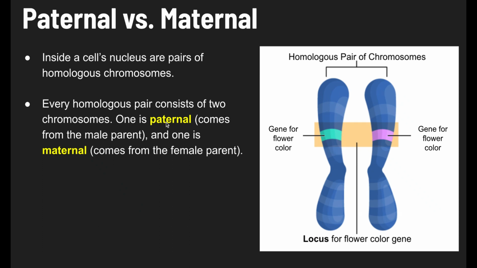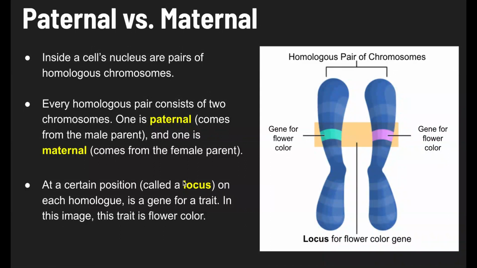One is paternal, meaning it comes from the male parent, and one is maternal, meaning it comes from the female parent. And at a certain position, which is called a locus, on each of these homologues, so here's a homologue, here's a homologue, at a certain position, that's this light brown band, at a certain position, called a locus, is a gene for a trait.